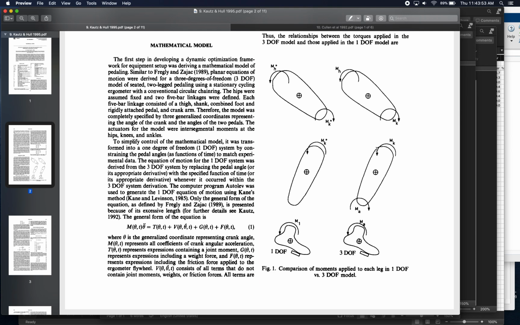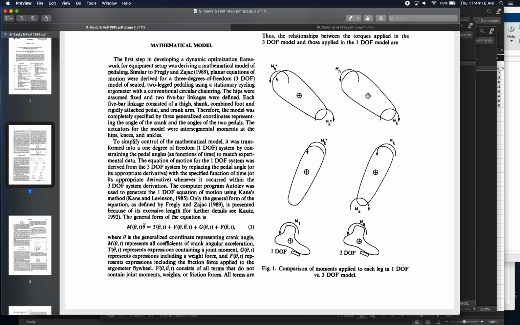And then they optimized the torques at the joints, at the hip and at the knee. The model they defined here had an ankle and a torque at that ankle, but the way that they defined it, the ankle torque actually ended up being a function of the hip and the knee torque, so it wasn't an independent free degree of freedom. So they were only optimizing here the hip and the knee torque.